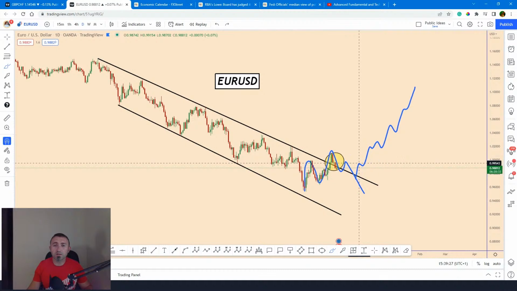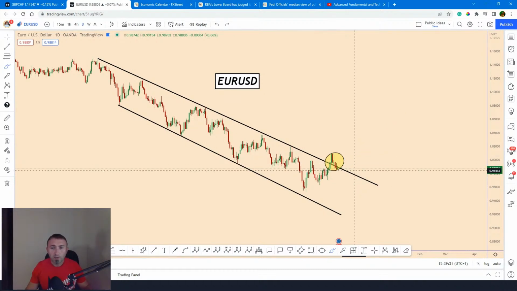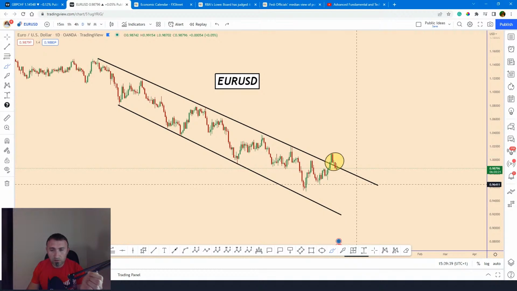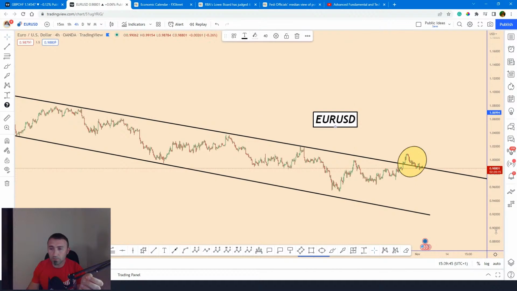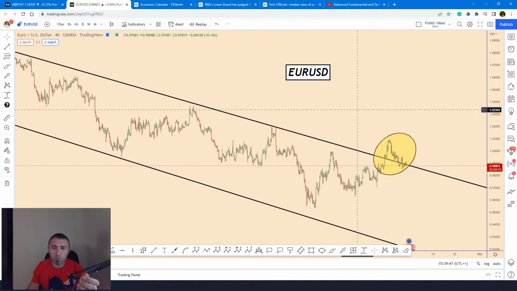So both scenarios are possible and we have to anticipate them. But on the lower time frame, this is our confirmation, and let's see, because overall the price should change the direction of the trend anytime soon. So I'm not expecting the euro to just move down.